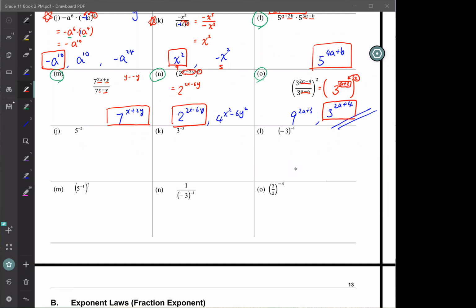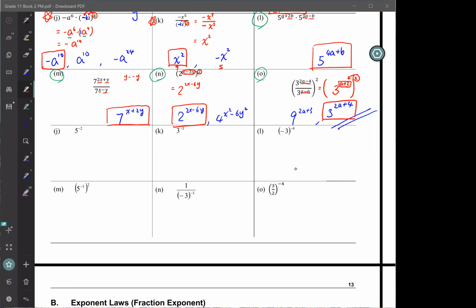You can check the notes that we had, okay? Every single question relates to one of the 4 questions we did. You don't need to evaluate, okay?